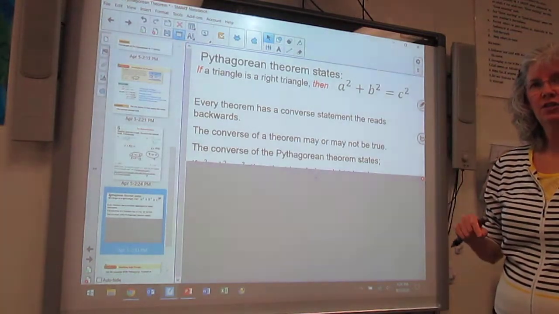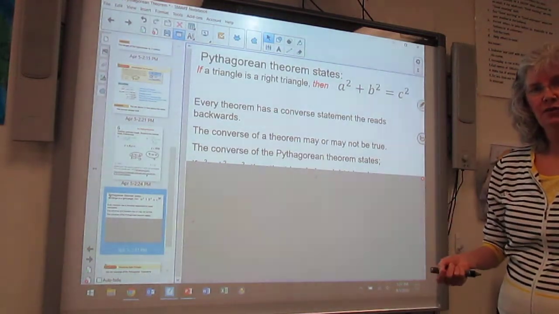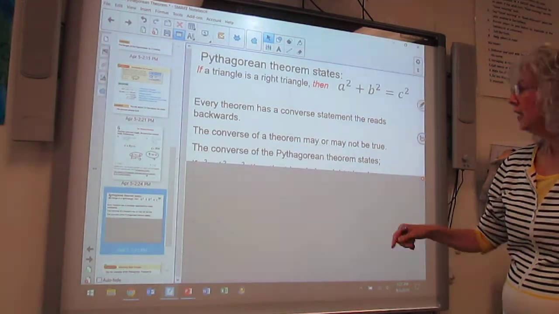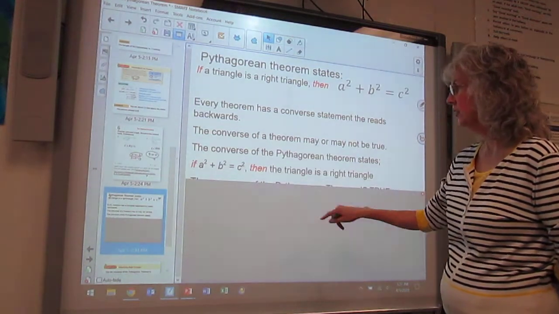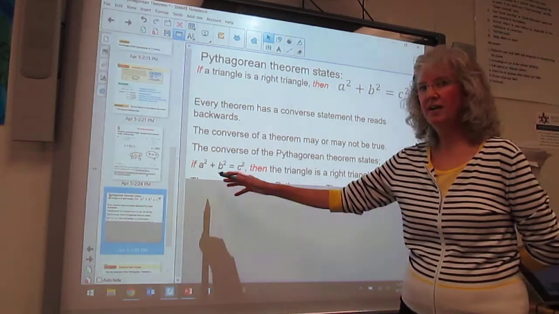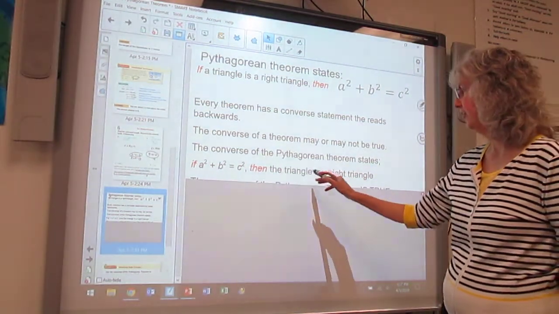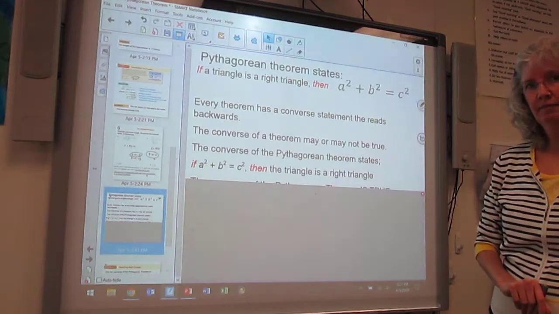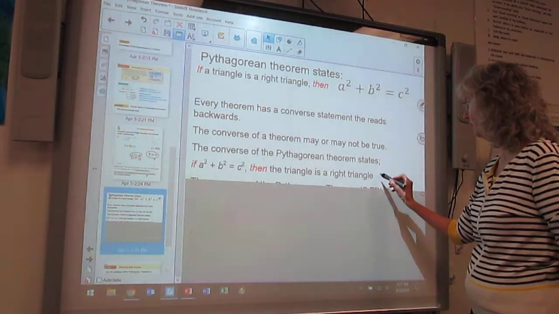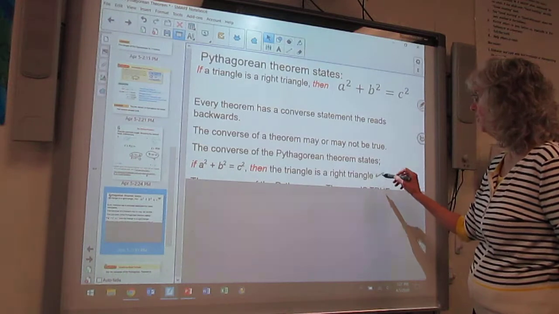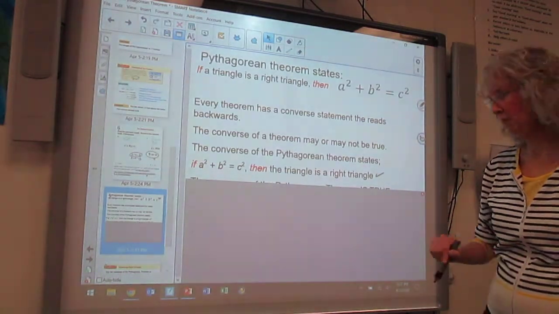Sometimes the converse of a statement is true, and sometimes it is not. In this particular case, the converse would say, if a squared plus b squared equals c squared, then the triangle is a right triangle. And in this particular statement, the converse is true, always.